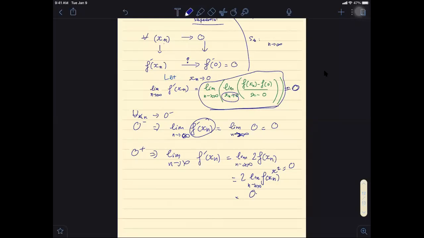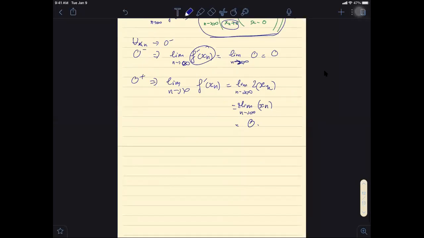Wait, let me think. f prime of x_n should be 2x_n, sorry. So the limit as n goes to infinity of 2x_n, because x_n goes to 0, is equal to 0. Okay. What about the next question?